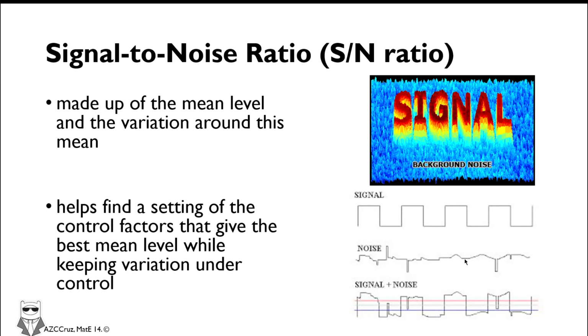Siguro the best way to explain this is yung pinaka-common, no. Parang microphone. So sa microphone, yung setting is yung gusto niya makuha yung voice mo. Pero yung background noise is yung kung may electric fan ka sa background, or kung merong mga sumisigaw or merong mga vehicles passing by, so yun yung background noise.